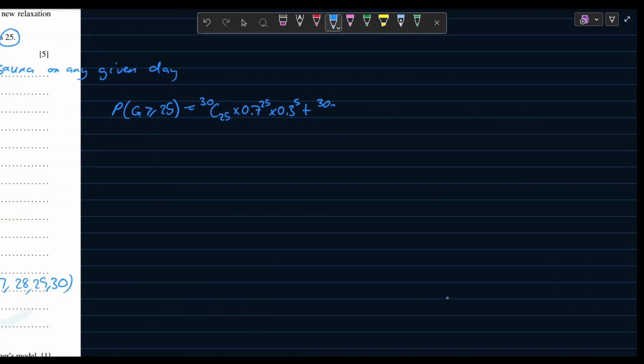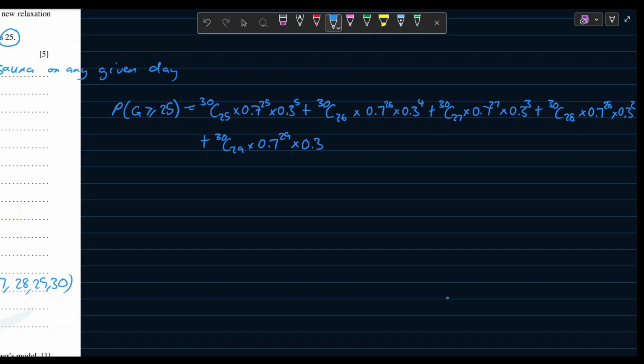So 30 choose 26 times 0.7 to the 26 times 0.3 to the 4, plus 30 choose 27 times 0.7 to the 27 times 0.3 to the 3, plus 30 choose 28 times 0.7 to the 28 times 0.3 squared, plus 30 choose 29 times 0.7 to the 29 times 0.3, and then finally 0.7 to the 30. This is when G is 30.